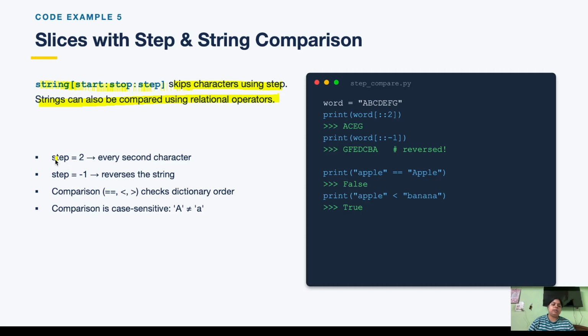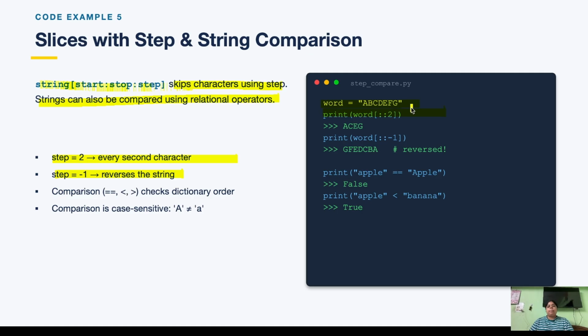If you put the step as 2 or step as -1, when you put it as 2, you take the word and print it, you just put double colon, you don't need to mark the end point or the start point, you just directly give the step to skip. So A, then C, then E, and then G. This is how it will be printed.